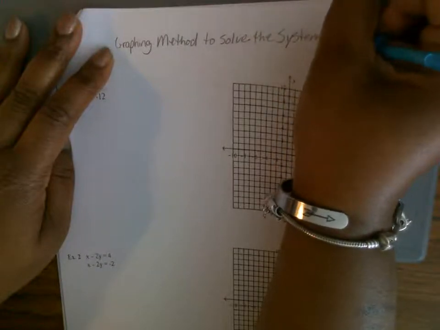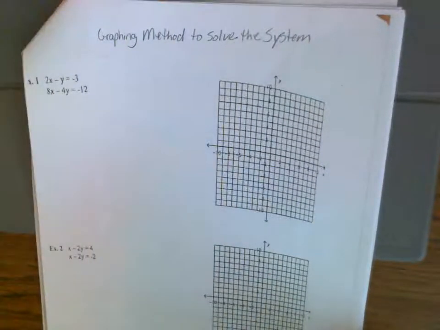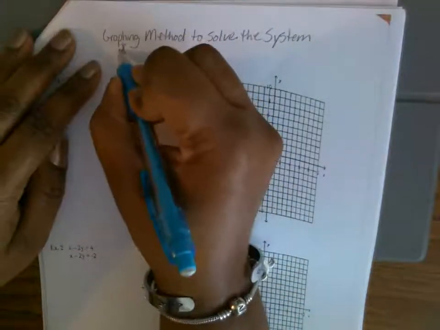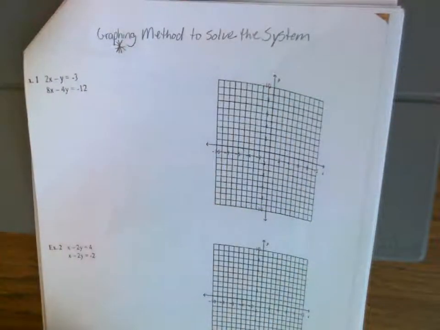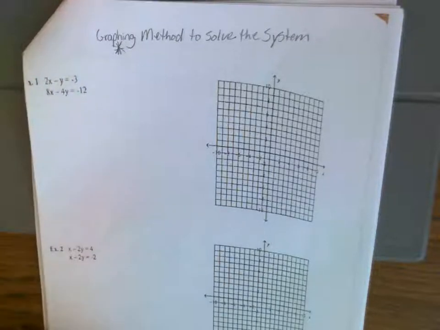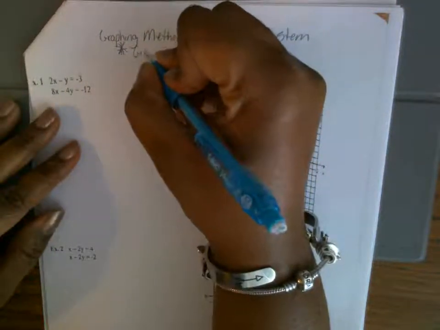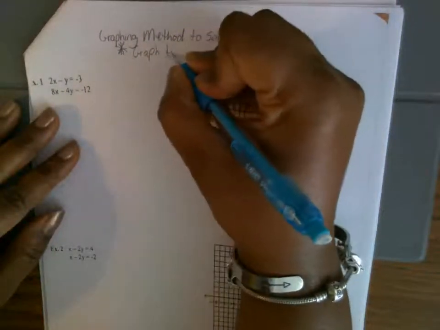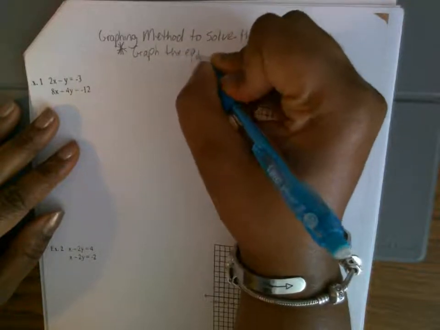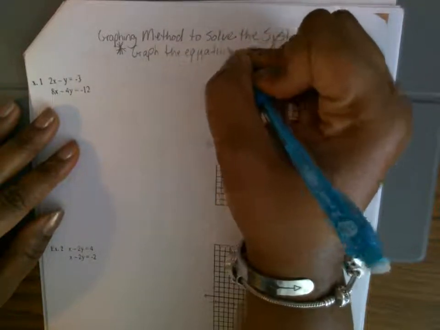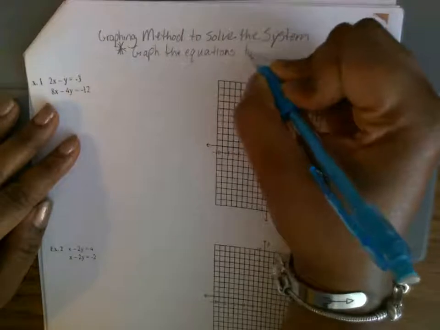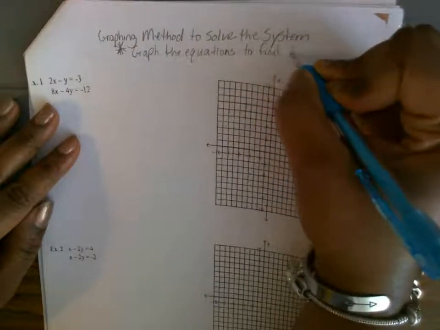And I'm going to put a little asterisk because I needed to tell you what that means. That means you're going to graph these lines, these equations, to find out what points they share. So you're going to graph the equations to find the solution.